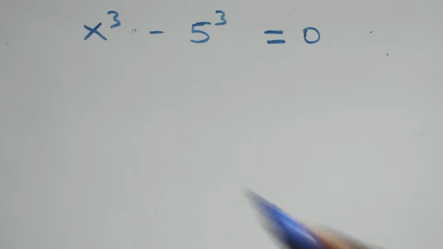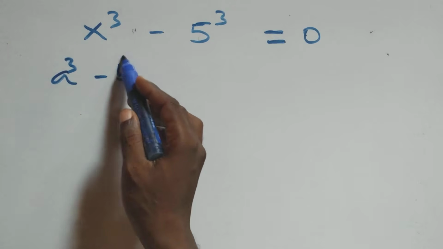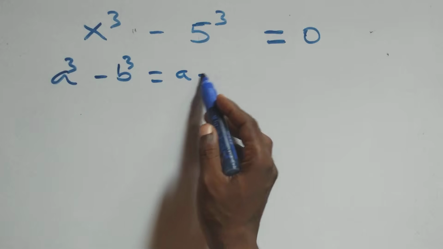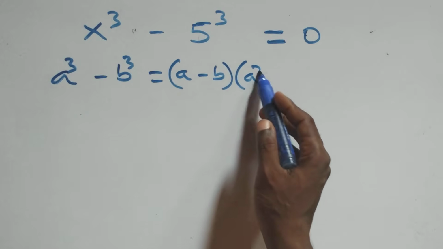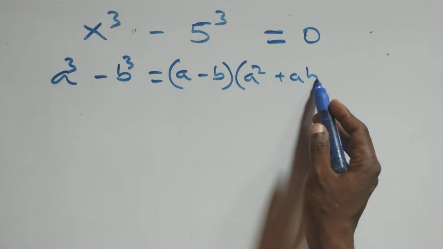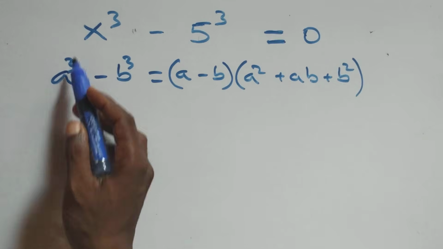So from the second case here, this also follows when we have a raised to power 3 minus b raised to power 3, which is the same thing as (a minus b) times (a squared plus ab plus b squared).